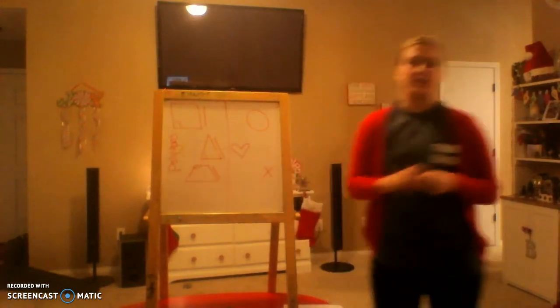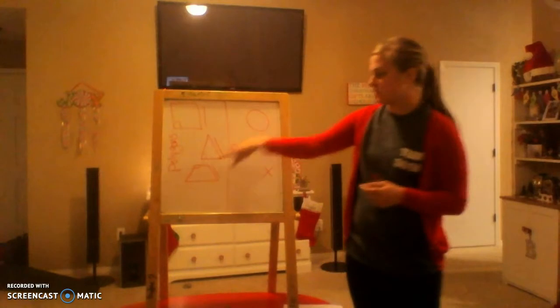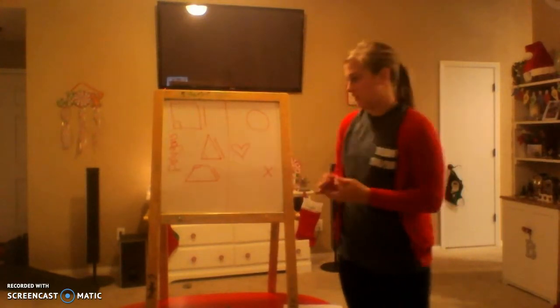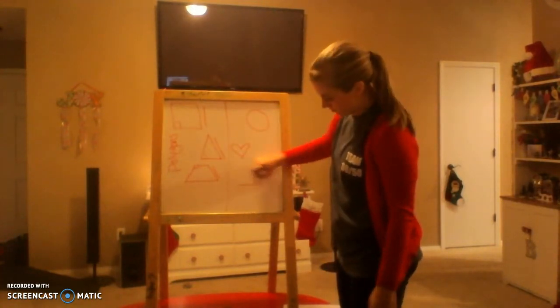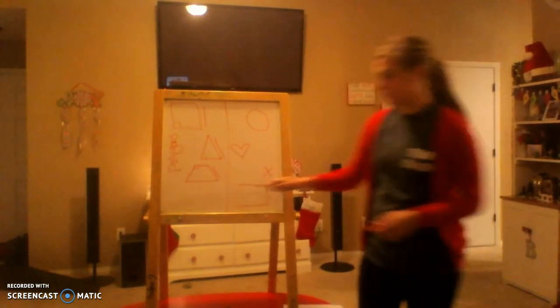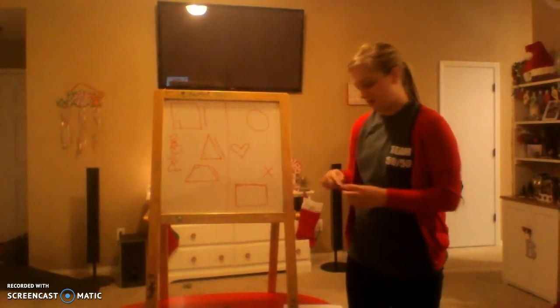That just means that they are a shape with straight sides, corners, and they meet at all the angles. So if I drew this right here, is that a polygon? No, because it doesn't meet right here. It has to be an enclosed shape, alright?